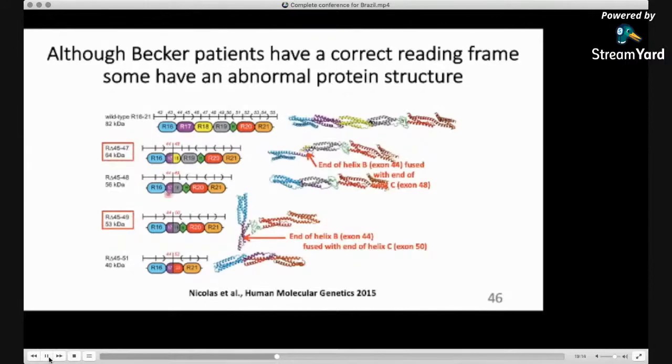In both cases, there is no frame shift. The beginning and the end of the dystrophin protein are expressed. However, at the junction site between the remaining codons, there is an abnormal structure of the dystrophin protein, and due to this abnormal structure, these Becker patients are bound to a wheelchair at an early age.